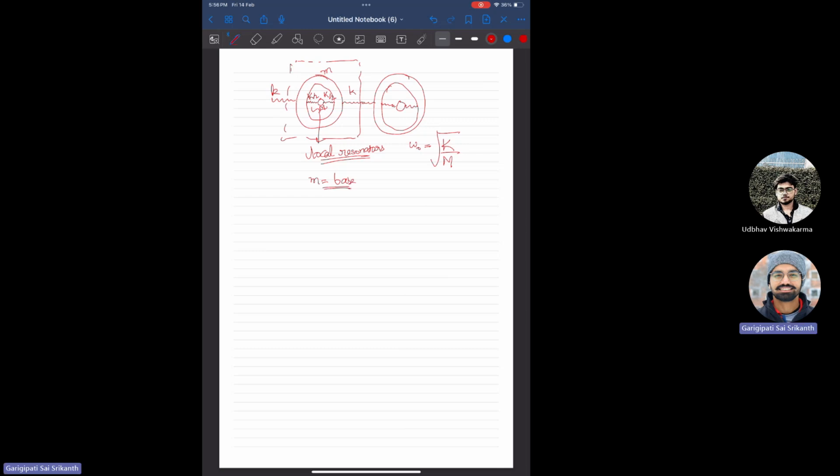So that means when m is vibrating at omega naught, the local resonator will have almost infinite amplitude.